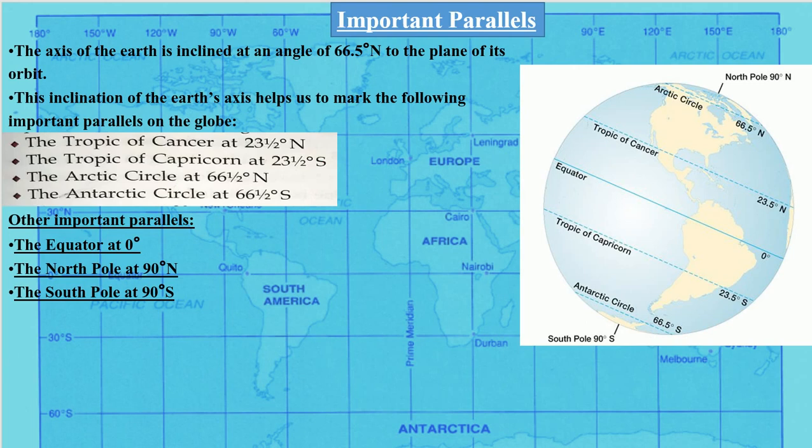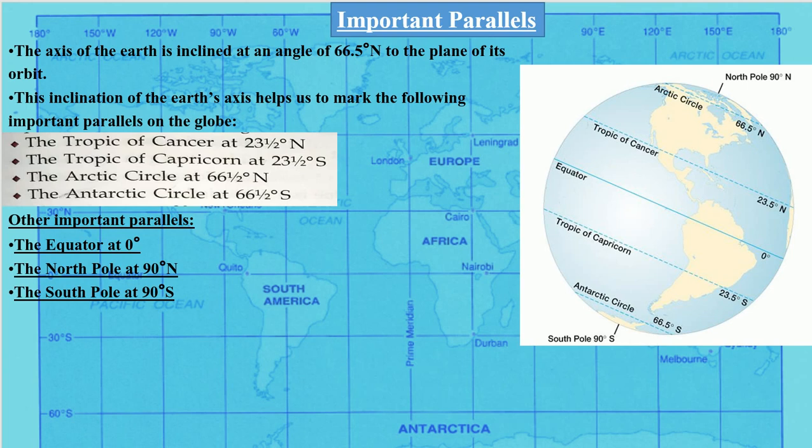Apart from these parallel lines, some parallels are very important. As you can see here, the axis of the earth is inclined at an angle of 66.5 degrees to the plane of its orbit. We have already discussed this in the very first video.